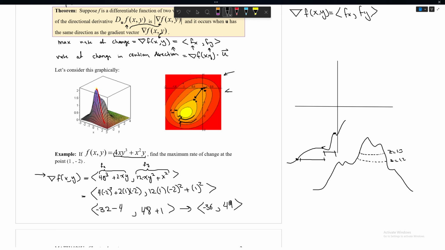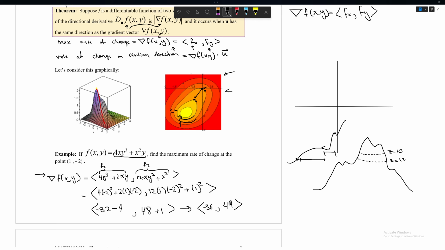So this right now does give us our maximum, right? But this is in terms of x and y. And so if I draw this, this is my x. So actually, here I'll do it on the side. So I have my f at x and y equals negative 36, comma, 49.